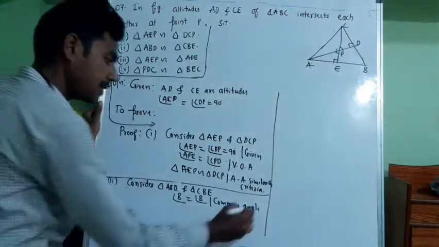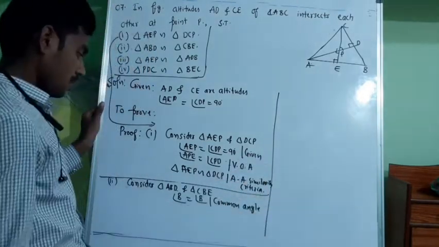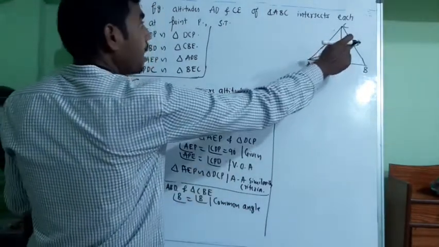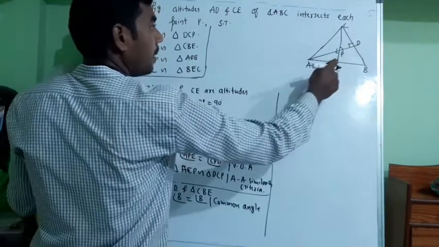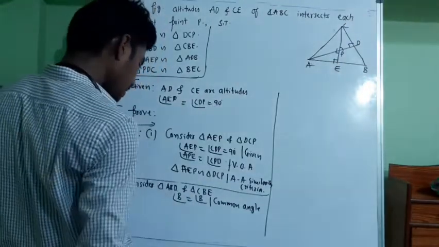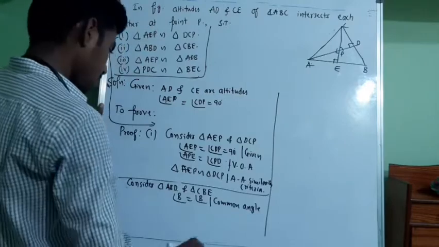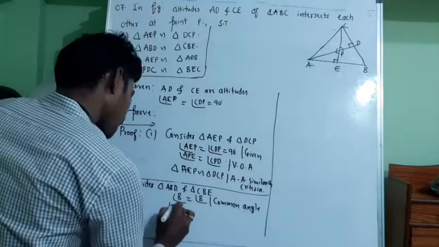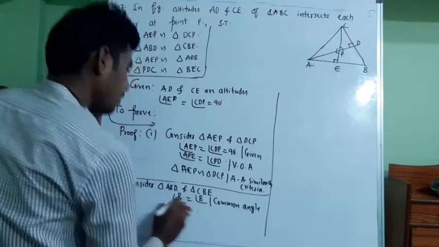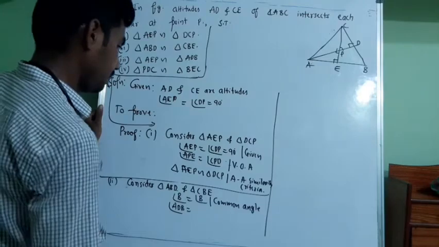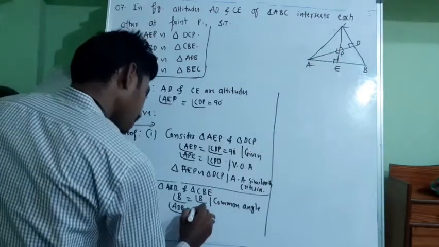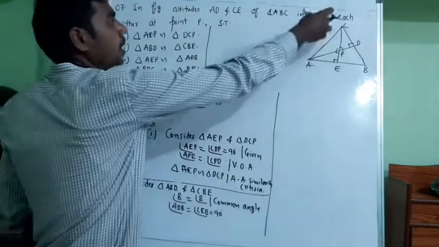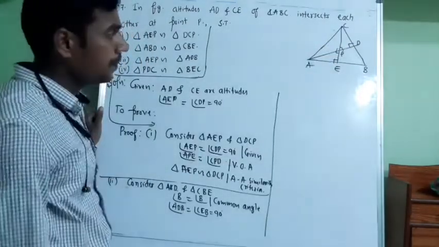Next, angle ADB is equal to angle CEB, which is equal to 90 degrees, because CE is perpendicular to AB.